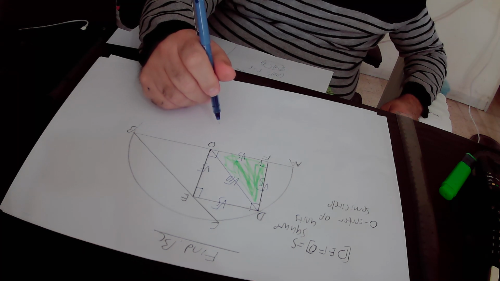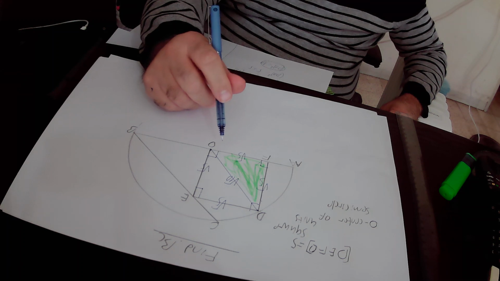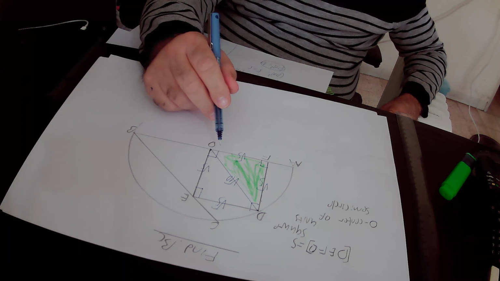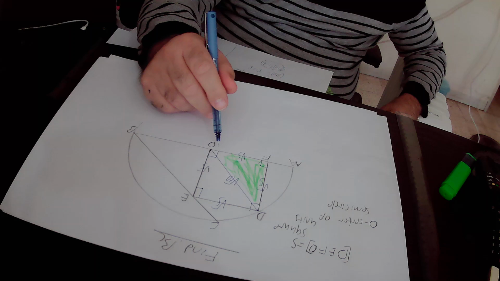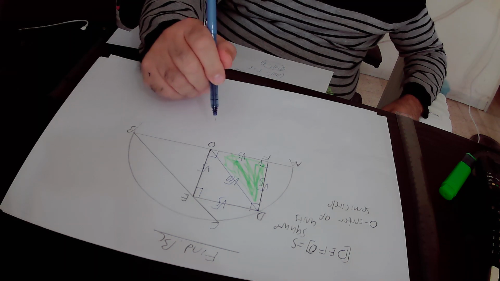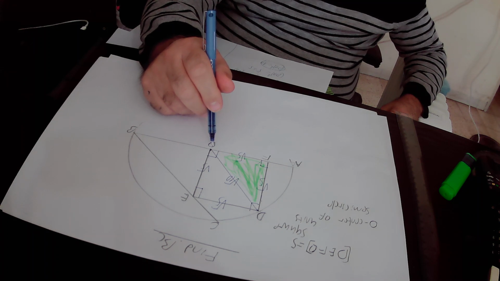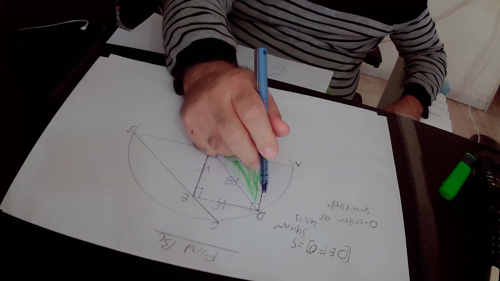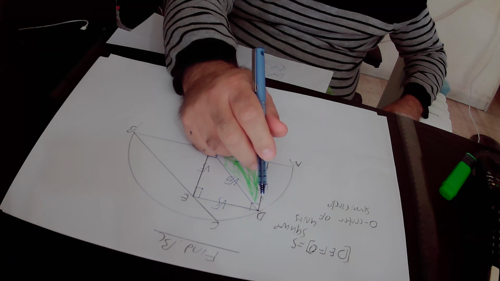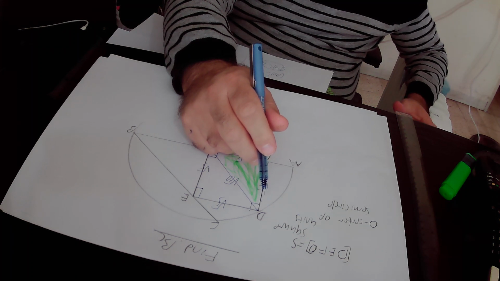But DO is not only the hypotenuse of the green triangle, it is also the radius of this semicircle. Why? Because it starts from point O, that is the center of the semicircle, and ends at point D, that is a point on the semicircle itself. This is exactly the definition of a radius.